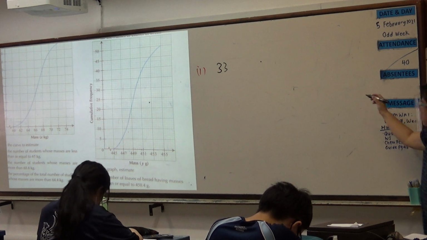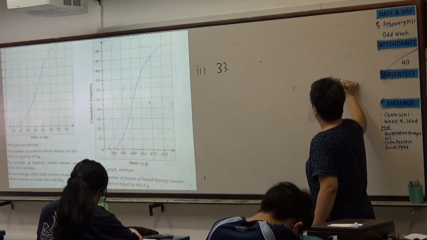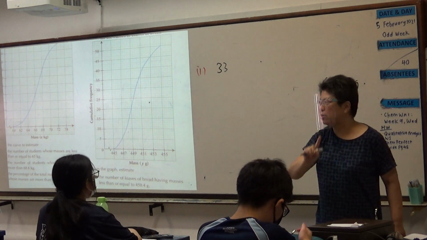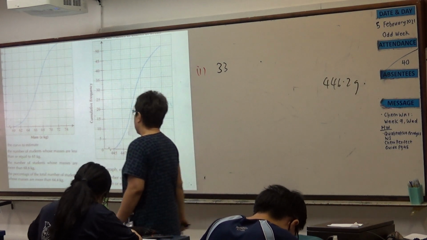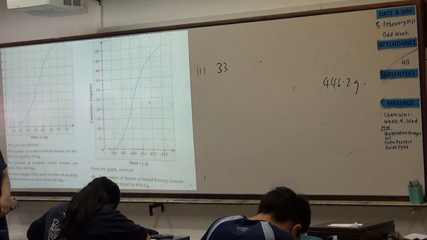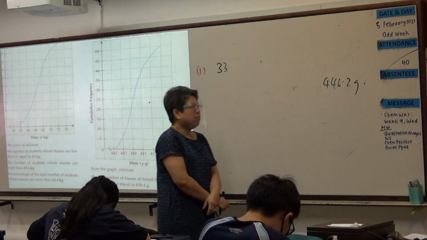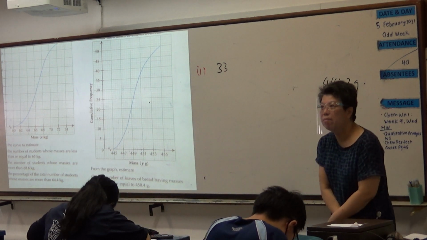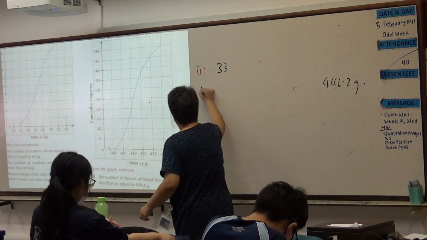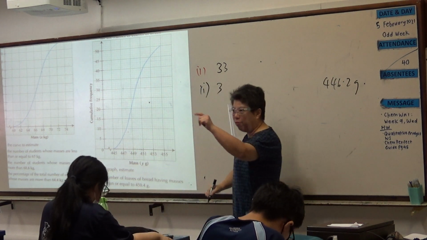Is 446.2 or less? Okay, I want you to read 446.2. How many loaves? Do you agree it's 3 loaves? Okay, so part 2, that means I have 3 loaves underweight, right?